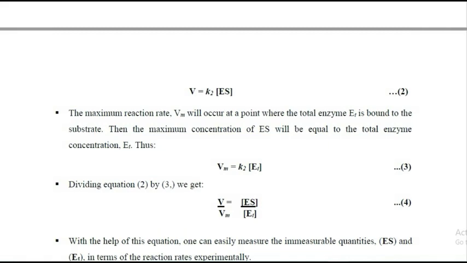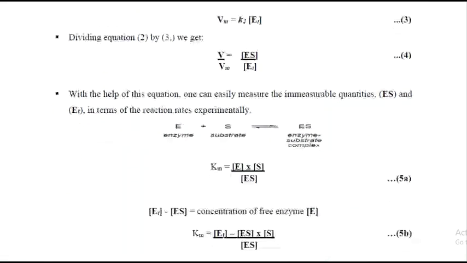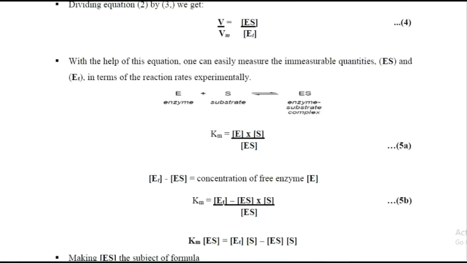And here, because there is a relationship between K2 in equation 2 and K2 in equation 3, we need to link them together, which is V over the maximum velocity, Vm, equals enzyme substrate complex over total enzyme concentration. With the help of this equation, we can measure the enzyme substrate complex that is being formed during the reaction.